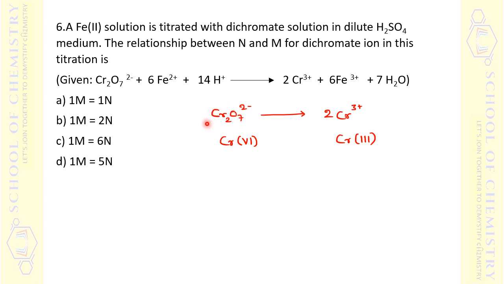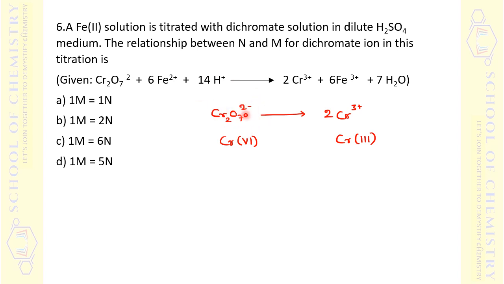If you consider this Cr2O7 2 minus species, 6 is converting to 3, and 2 such Cr3 plus species are produced. So from this oxidation state change, each chromium species is accepting 3 electrons in the process, and since there are 2 Cr, Cr2O7 2 minus in total accepts 6 electrons together.